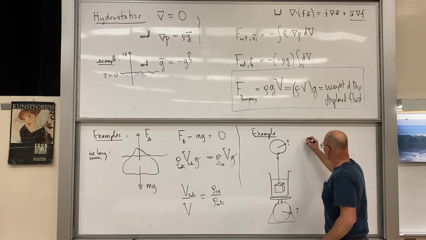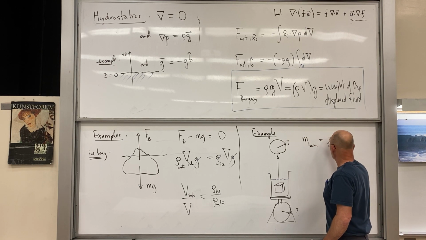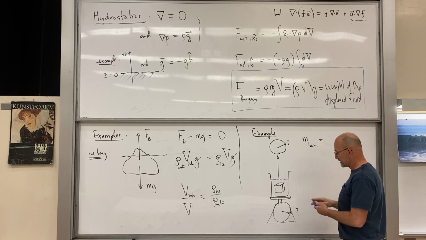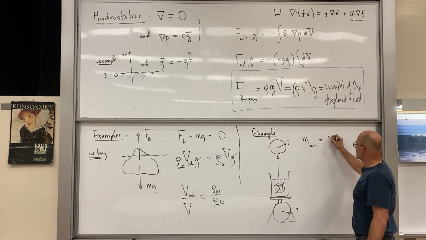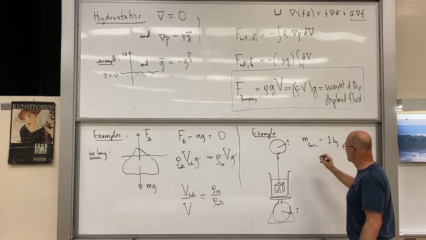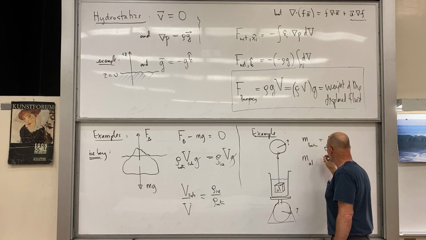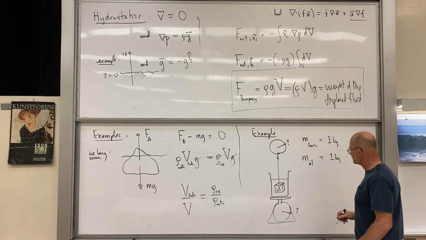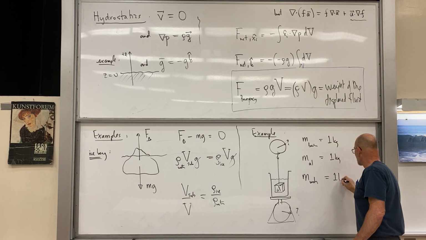So let's say mass of the beaker equals, I'm just going to do all 1 kilogram, and this is aluminum, equals 1 kilogram. Mass of the aluminum block equals 1 kilogram, and the mass of the water equals 1 kilogram.